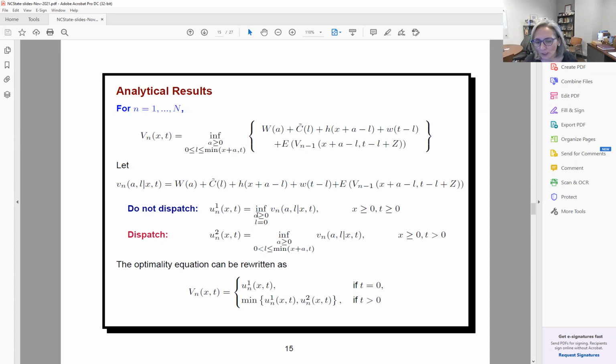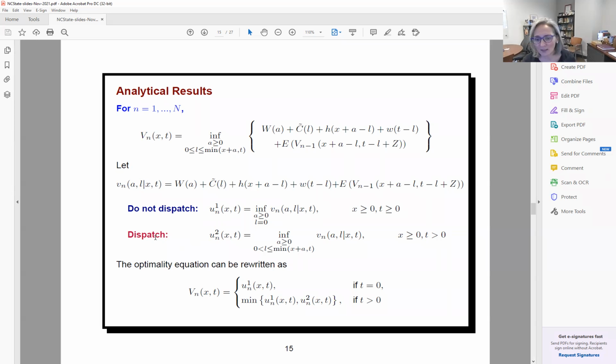All you need to compute is the order quantity, and hence the cost to go function reduces to this new function that I'm defining U1n. This is the do not dispatch case. This is my notation for the do not dispatch case. Or you dispatch.